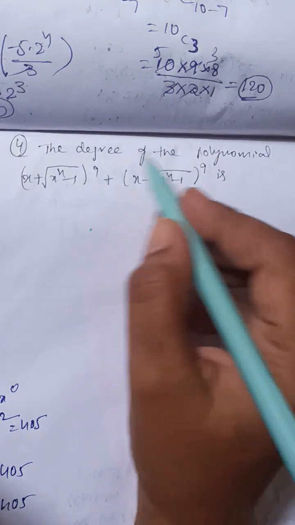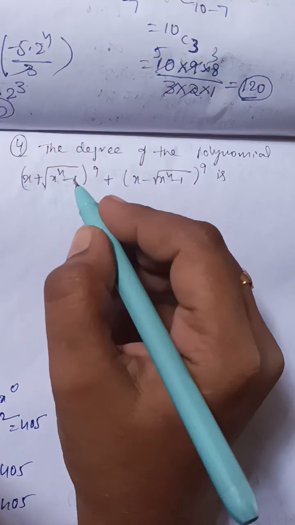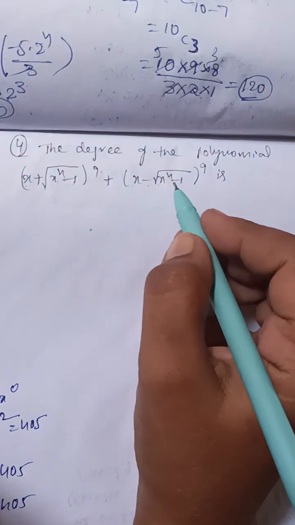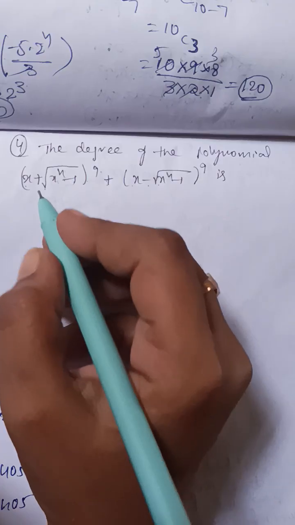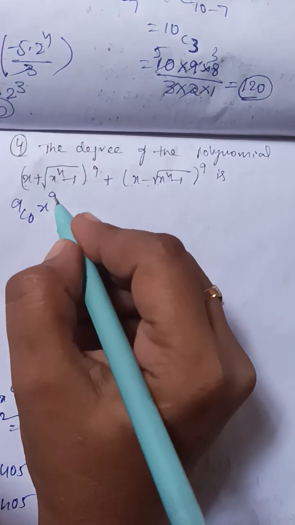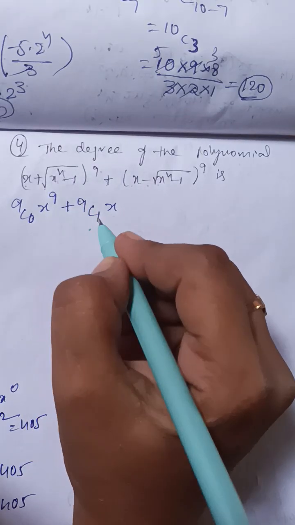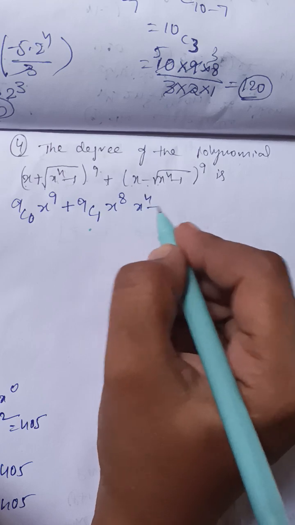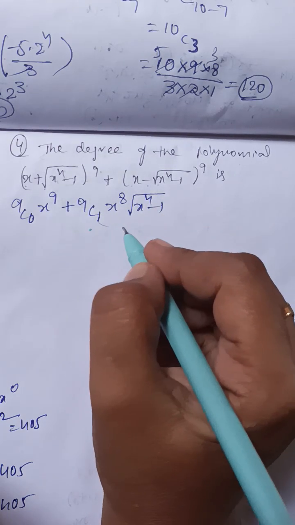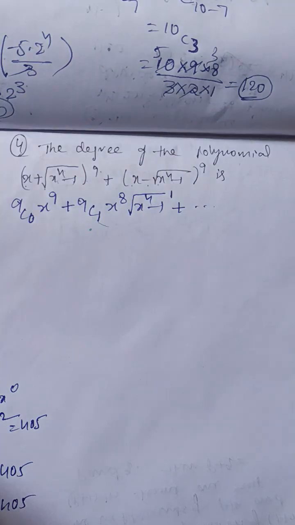Next question, the degree of the polynomial (x plus root of x power 4 minus 1) whole power 9 plus (x minus root of x power 4 minus 1) whole power 9. So 9c0 x power 9 minus 0 plus 9c1 x power 9 minus 1 into (root of x power 4 minus 1) whole power 1, and so on.